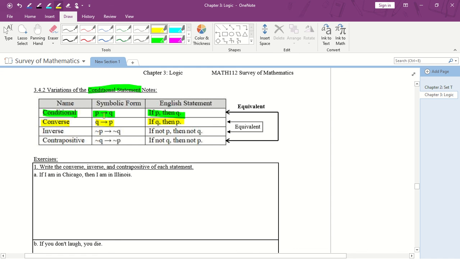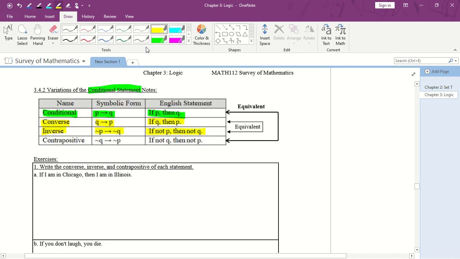Okay, and we also have another one called inverse. Inverse here means that it changes P to Q into negation P to negation Q. This is the inverse of the original conditional. So it will be if not P, then not Q.